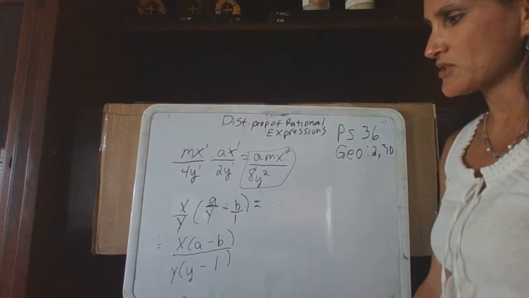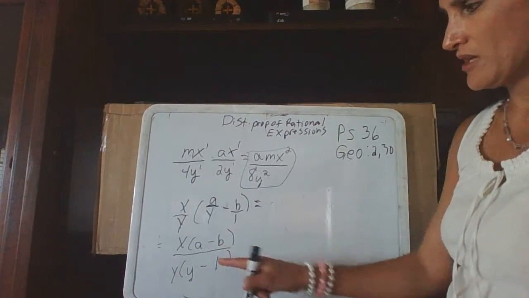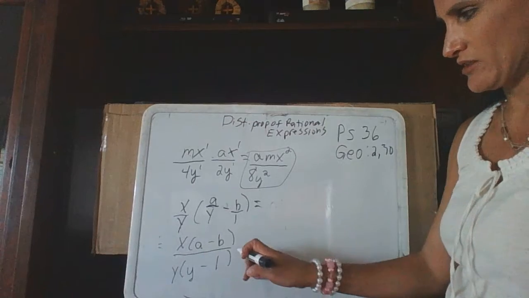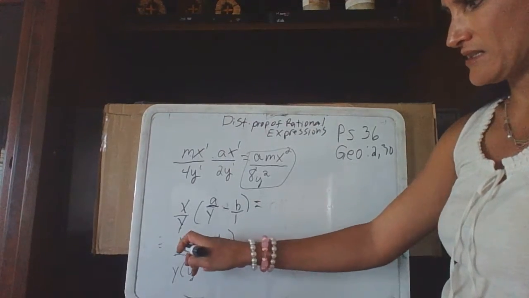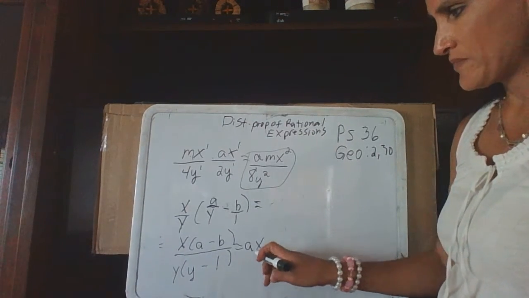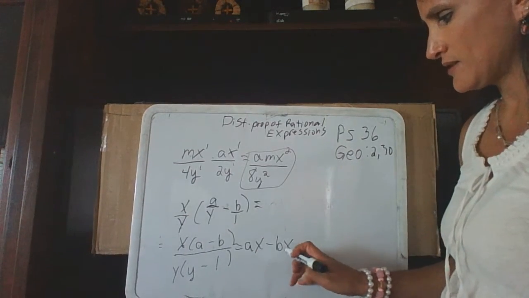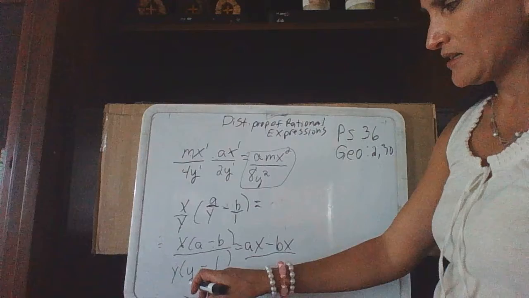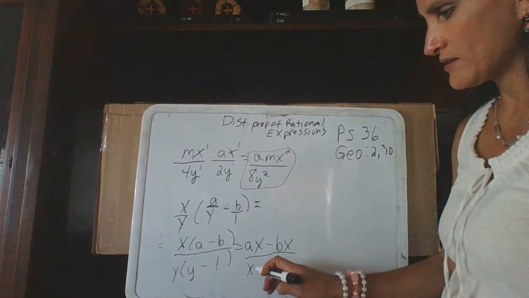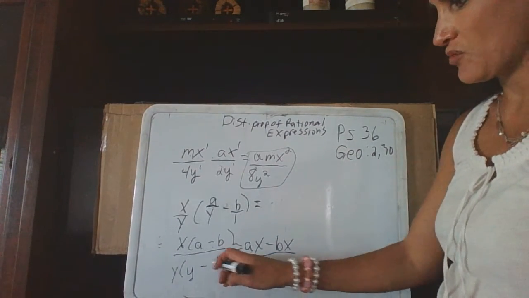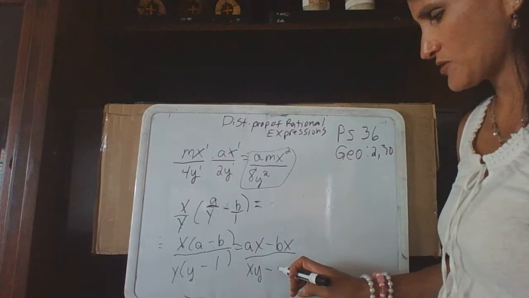Now it'll be easier to see how I'm supposed to distribute. Okay, focus only in the numerator, and you're going to get a times x, negative b times x is negative bx, over x times y minus 1 times x. So y.